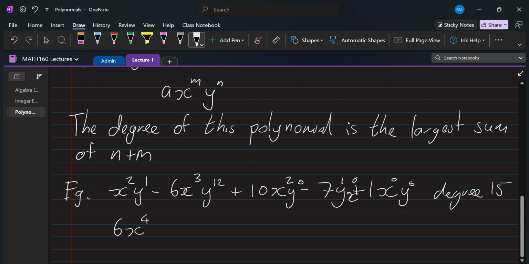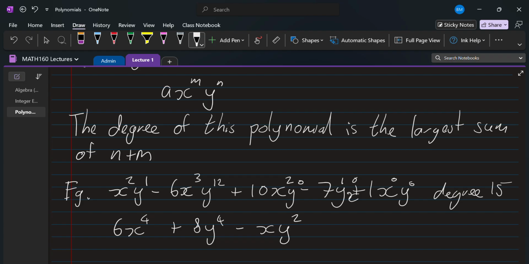Next one is x squared. There's an invisible y to the 0 there. Remember, two variables. If the variable is missing, it's to the power 0. So we've got 2 plus 0, that's 2. 15 is still bigger, so we keep track of 15. Next, 7y to the 1.